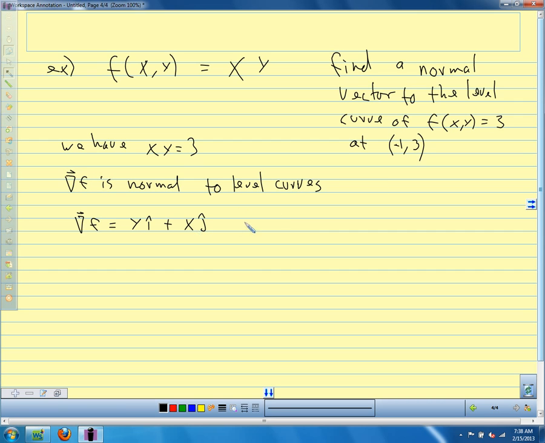So at our point, our gradient, del f, is 3i minus j. So there's our normal vector. That vector is going to be normal to the level curve f of xy equals 3 at the point -1, 3. Pretty easy, right?